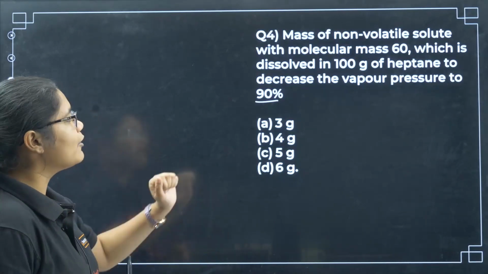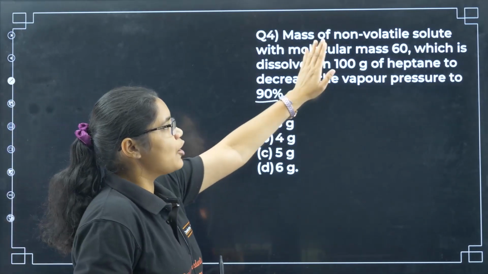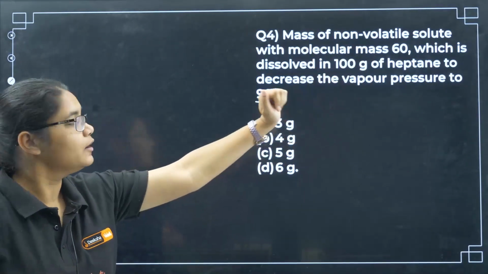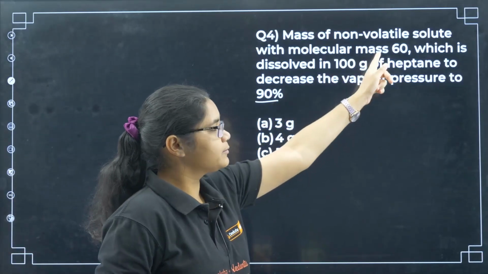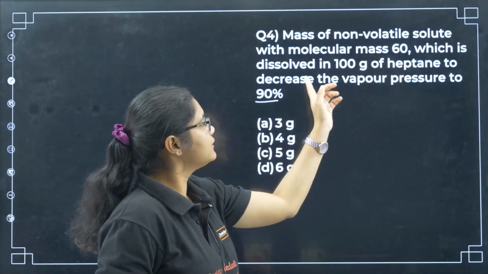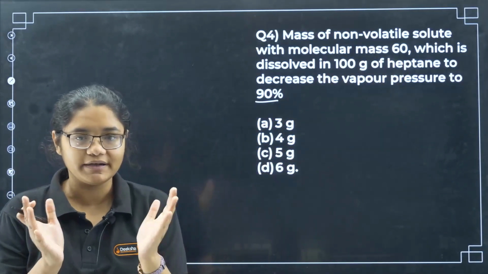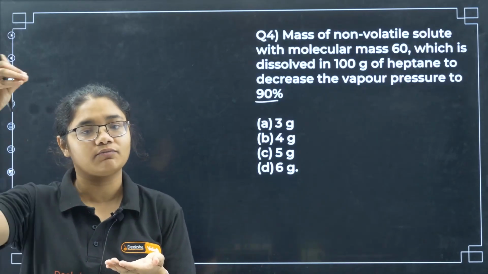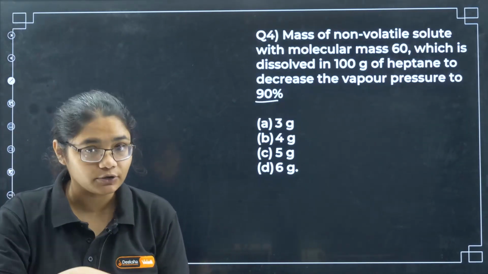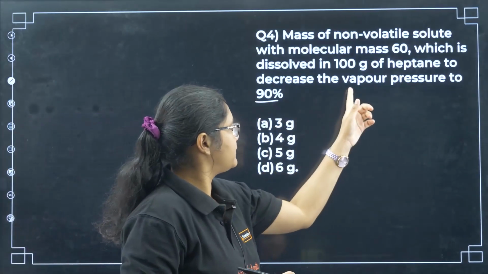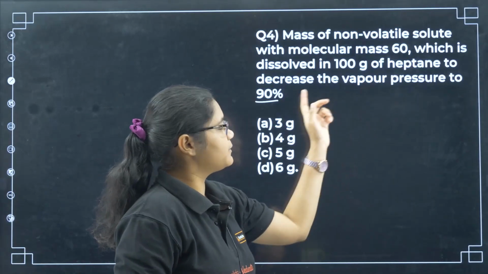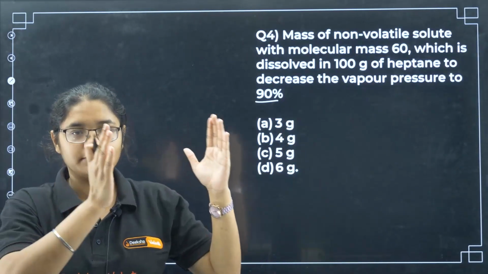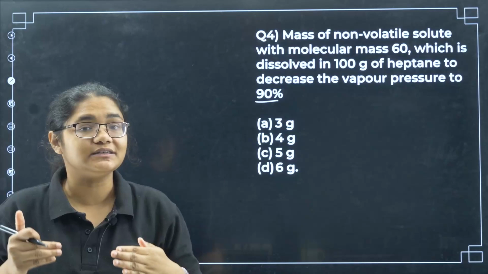Here the solvent is heptane. So how much mass of non-volatile solute will be added to heptane to decrease the vapor pressure to 90%? If earlier it was 100%, now the vapor pressure becomes 90%.